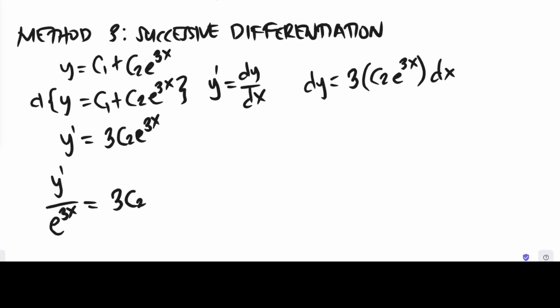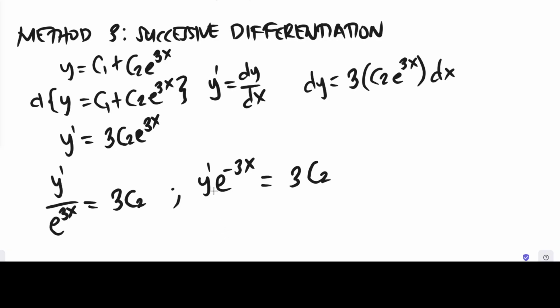You can do the quotient rule here, or you can also rewrite e raised to 3x as e raised to negative 3x, so that we can do the product rule. Whatever is more comfortable for you, you can use either product rule or quotient rule.